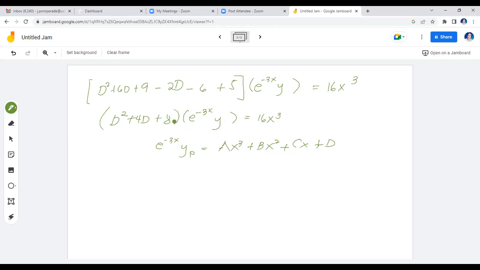It's just one entity representing your unknown function. Then you treat this entire thing as one and differentiate it depending on how many derivatives you see on the left side. So the first derivative, I'll write it as d. The first derivative of this hybrid unknown function of ours is 3ax squared plus 2bx plus c.